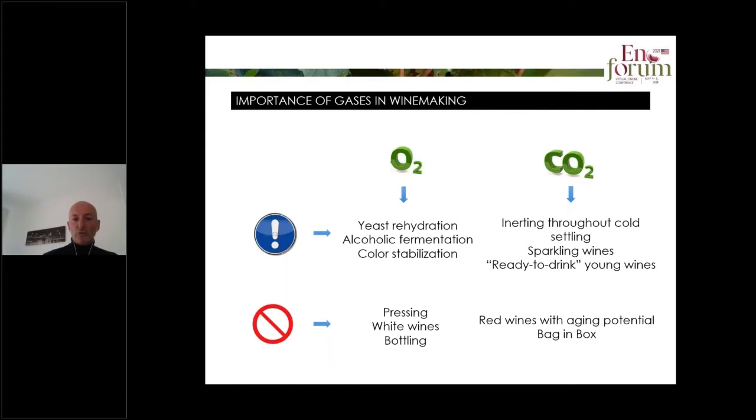We need to pay attention to CO2 when dealing with red wines with aging potential, because CO2 synergizes with the tannins and so increases the astringency of the wine, and also with the bag-in-box.